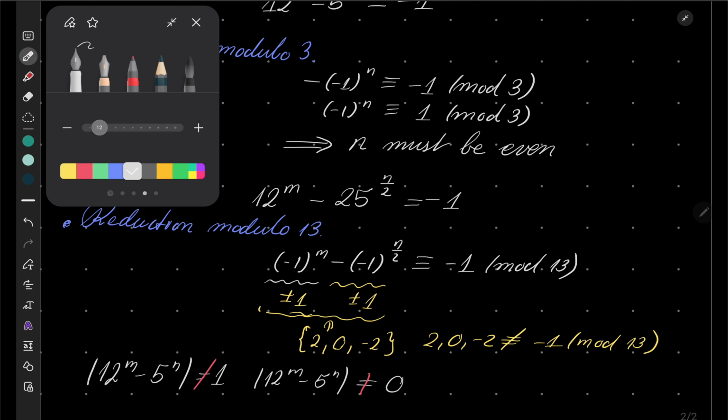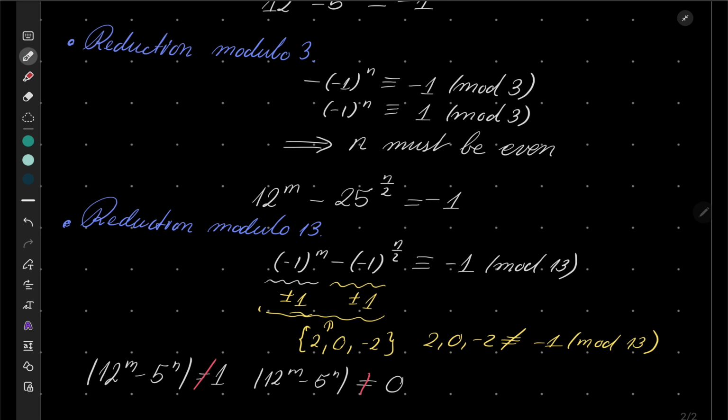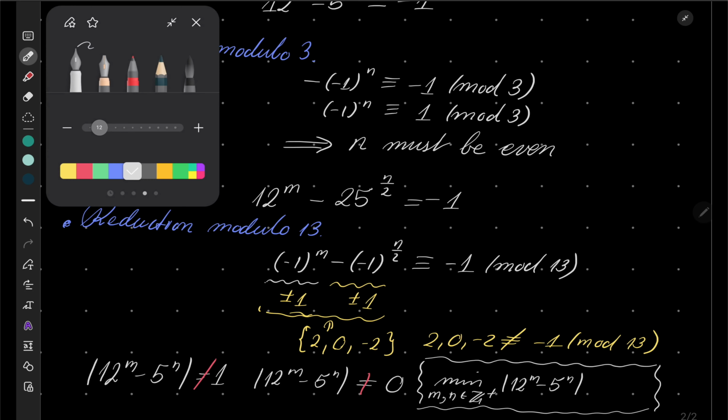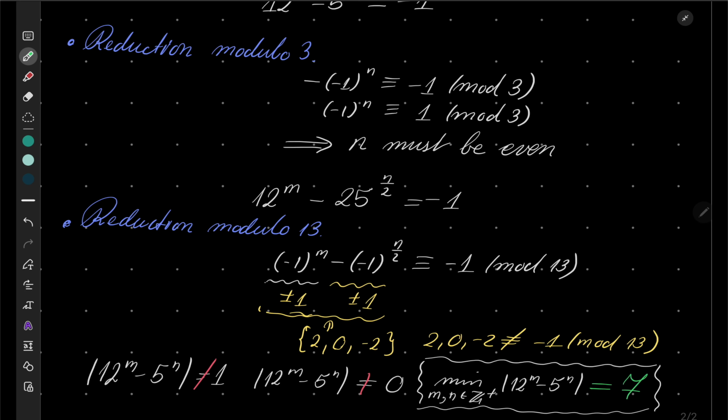So all in all, because values of 0, 1, 2, 3, 4, 5, and 6 are not possible, we conclude that the minimum over all positive integers m, n of the absolute value of 12 to the power of m minus 5 to the power of n equals 7. Lucky number. Thank you for watching. I hope that you learned something new and see you next time. Goodbye.